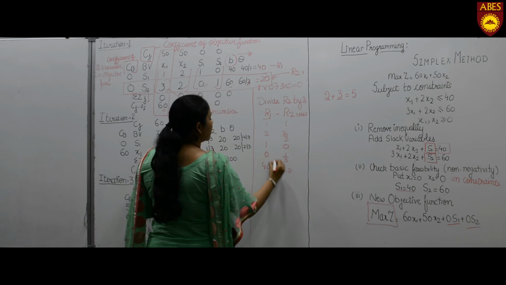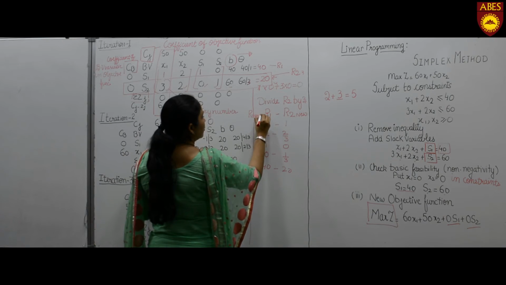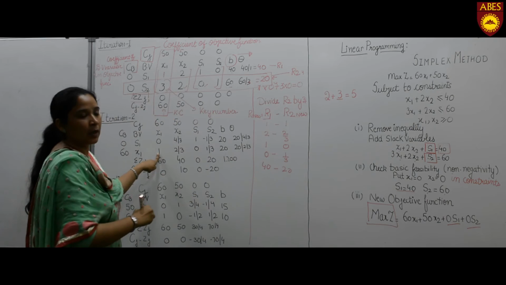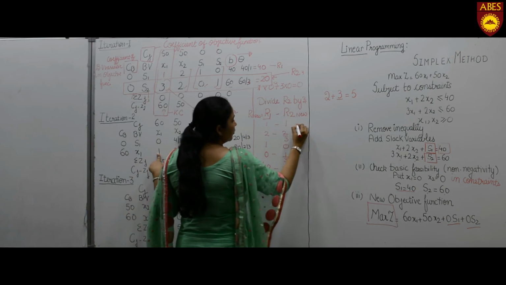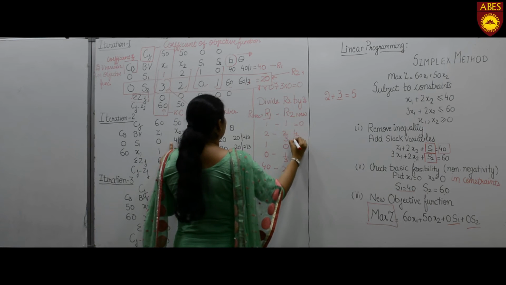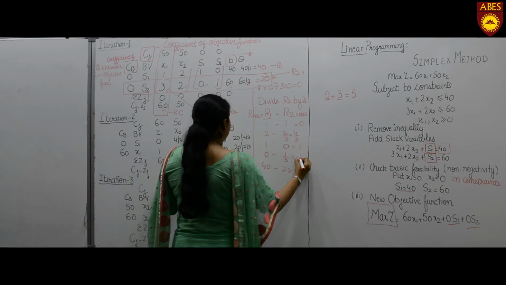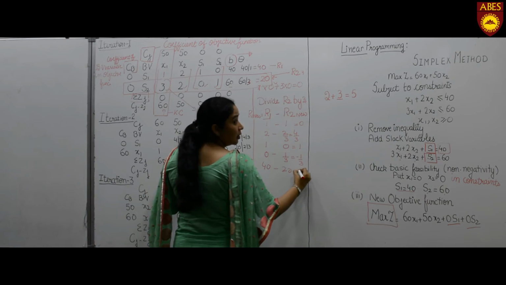You have to subtract it, and this will be our new R1. 1 minus 1 is 0, this is 4 by 3, 1 minus 1 by 3, and this is 20.